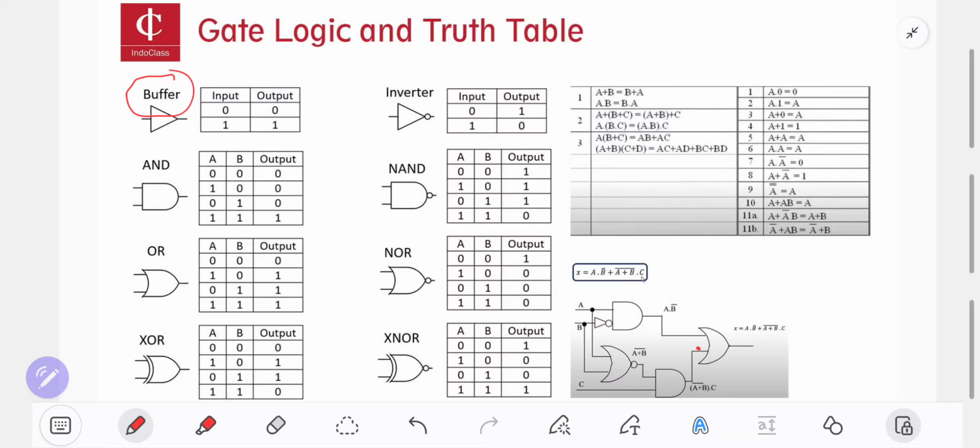For example, if you want to turn on a lamp, you have to turn on the push button. But if you turn off the push button, the lamp is off. I think you understand this normal condition or buffer.